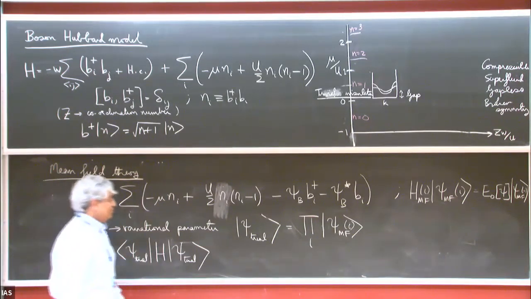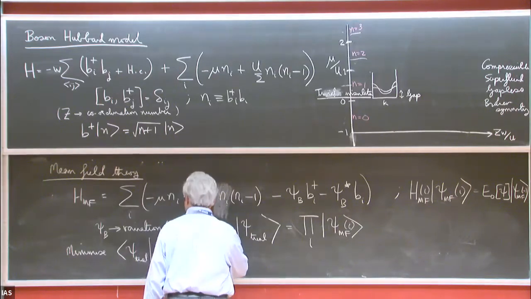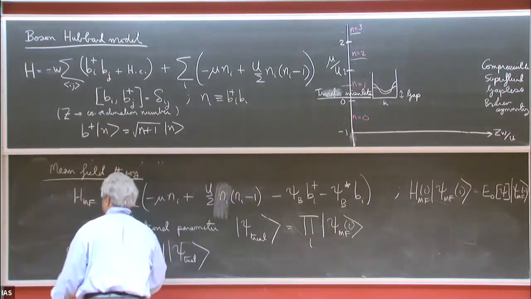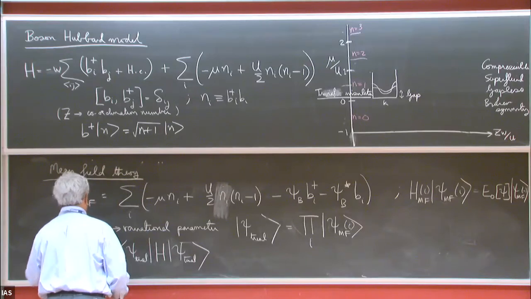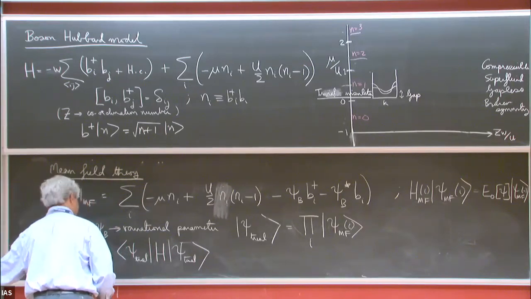Now that's hard to do in general, so what we're going to do is something simpler. We're going to expand in powers of psi, which turns out to be quite sufficient.